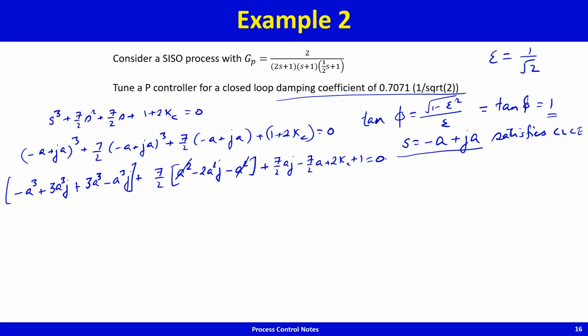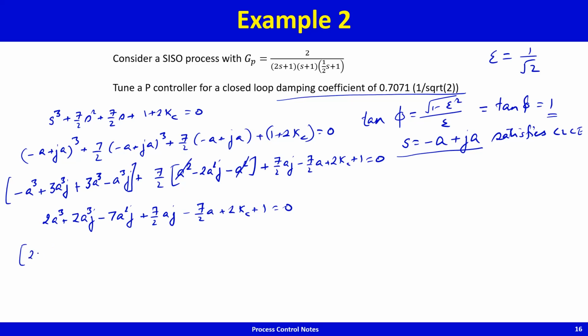So what we get here is 2a cube j minus 7a square j plus 7 by 2 aj minus 7 by 2 a plus 2kc plus 1 equal to 0. Collect the real and the imaginary terms.